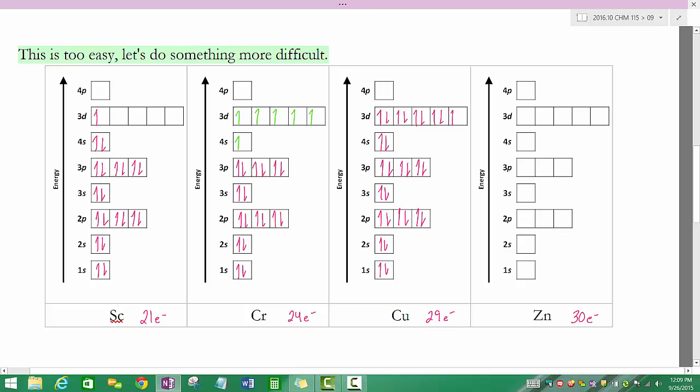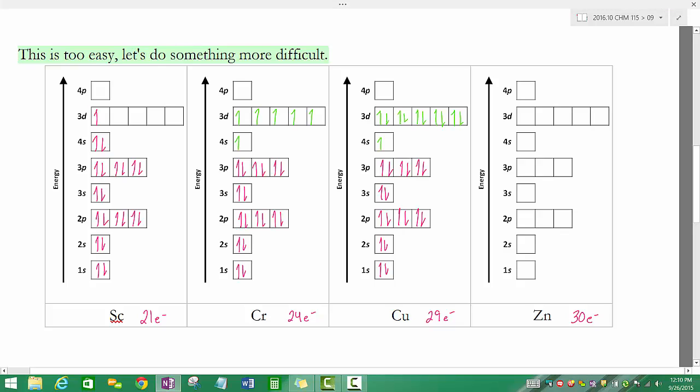What you would see in nature is this. And so what we can infer from this is that pairing up the 10th electron in the 3D must have an overall lower energy component than having a 4s electrons paired.